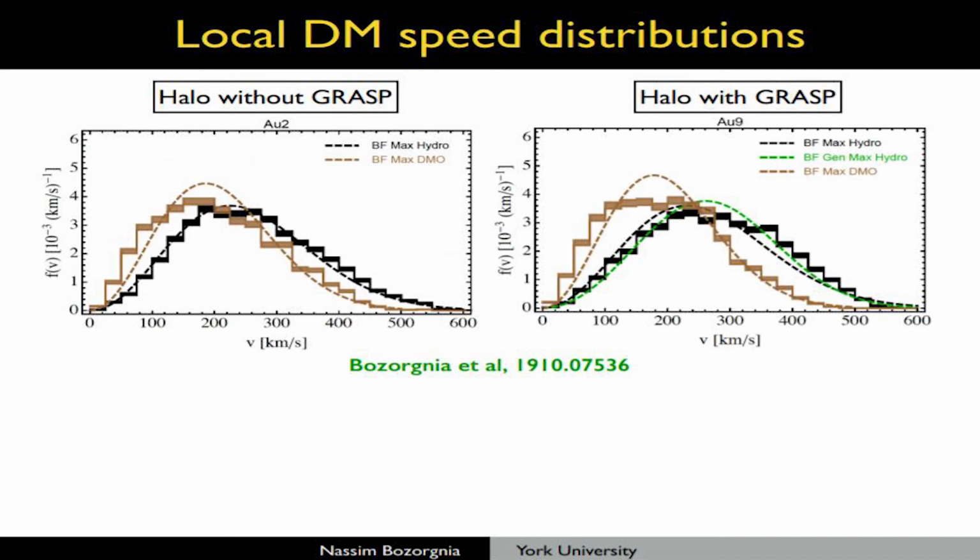And just to compare with the dark matter only, again, the dark matter only doesn't fit the best fit Maxwellian, so the result is similar to all the previous results. And there's a shift to larger speeds for the hydro halo. And if you compare it with a halo with GRASP, the only difference is that the fit becomes worse for the best fit Maxwellian.